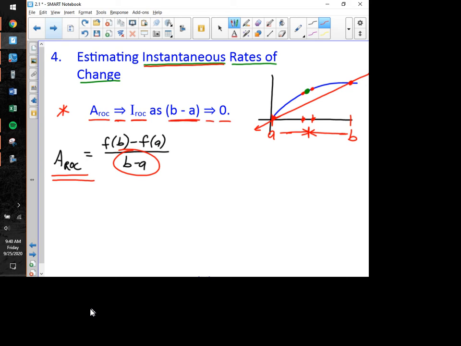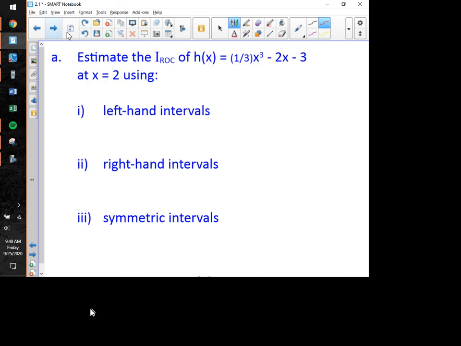We can't ever let our denominator equal 0, but we can make our denominator get smaller and smaller and smaller so that we can say it approaches 0. And then sometimes we can take a look at what happens to our average rate of change and infer what the instantaneous rate of change would be as we move on. And that's the big idea right here when we're talking about limits.